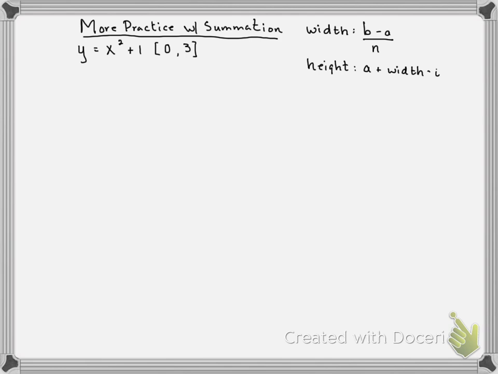I'm just going to do some erasing here. And the width is 3 minus 0 over n, which is 3 over n. Now, the lower endpoint, our a value there, is 0. So the height would be 0 plus the width times i. Okay?